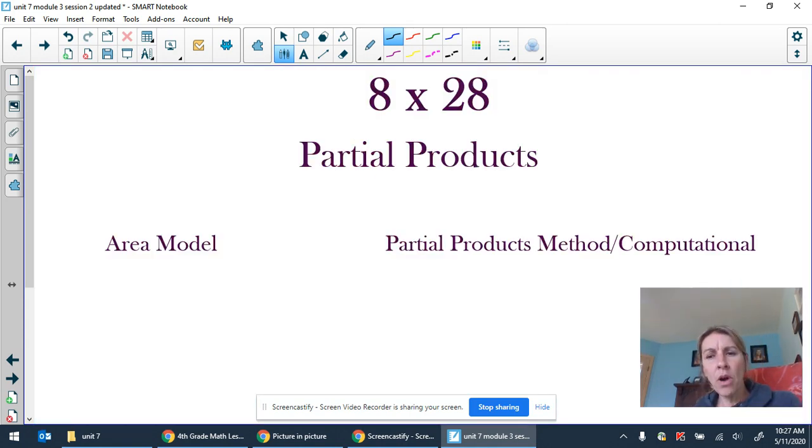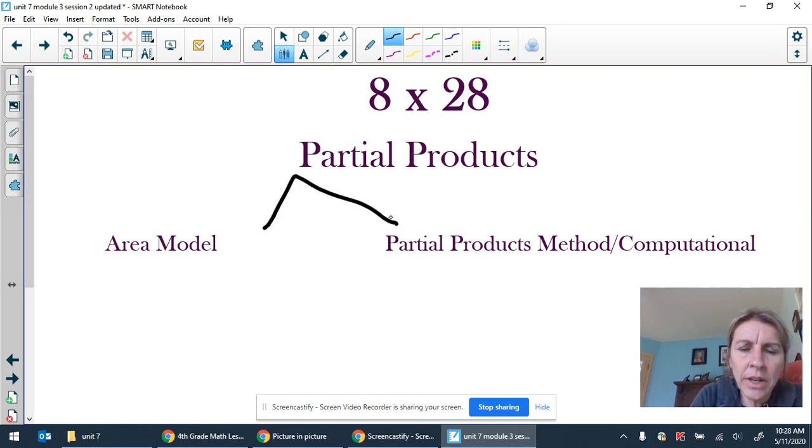I teach partial products and the area model together because in the area model, you actually are figuring out parts of the multiplication problem. So let's look at 8 times 28. What we've done in the past is we're going to break up that 28 to make it a little easier.